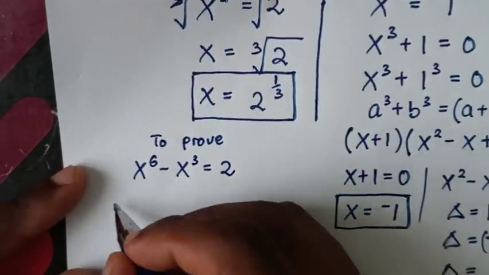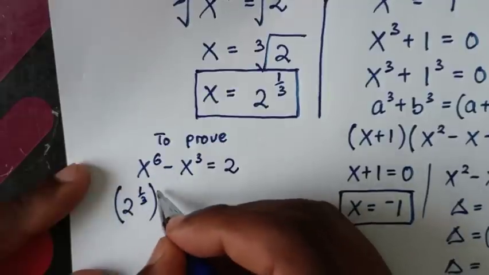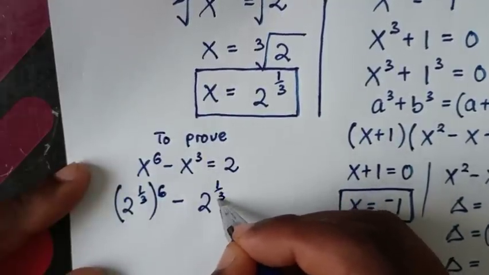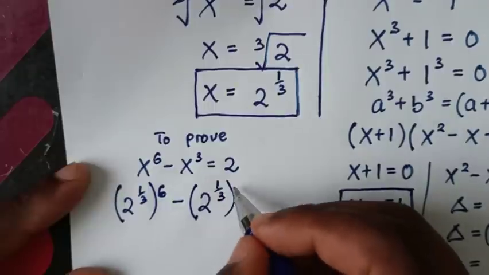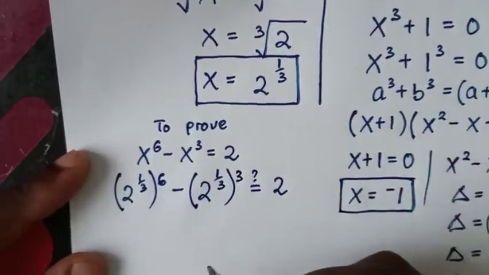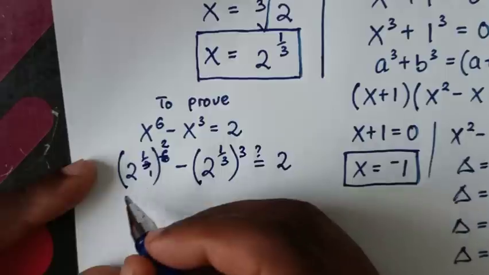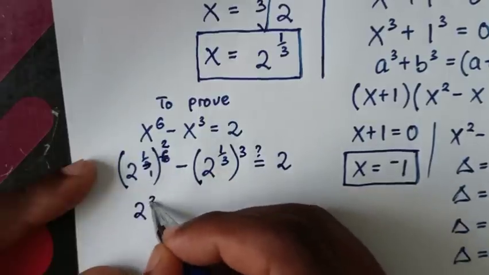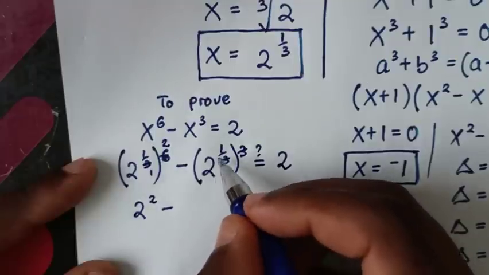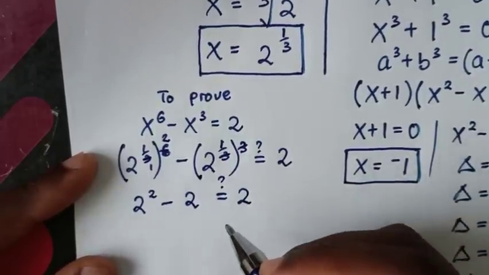So x here is 2^(1/3), then (2^(1/3))^6 - (2^(1/3))^3, is it equal to this 2? Now to simplify, 6 by 3 gives 2, so it will be 2^2, then minus, to simplify, this cancels and this cancels, it will be 2^1, which is 2, is it equal to this 2?